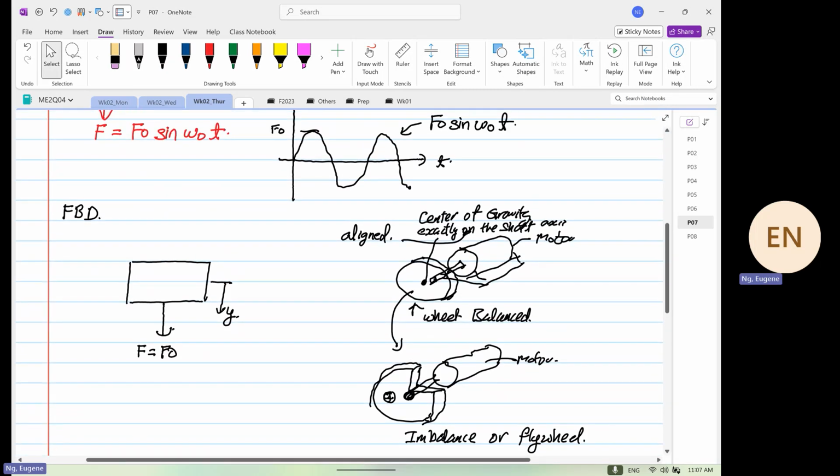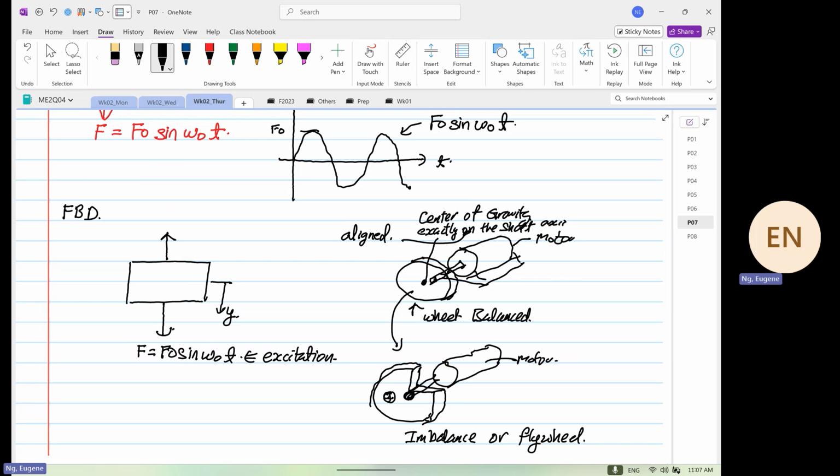naught t. Okay. Now coming back to here, this is the excitation. So this F also is what we call excitation. And we know the spring force will always oppose the mass and also the applied force.